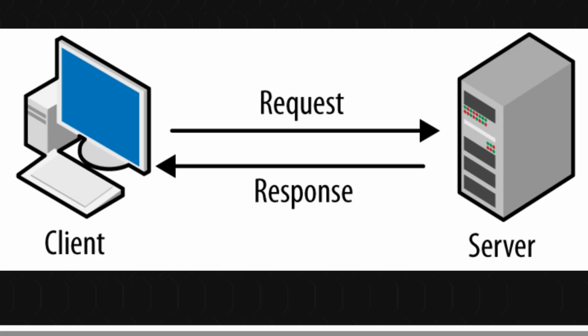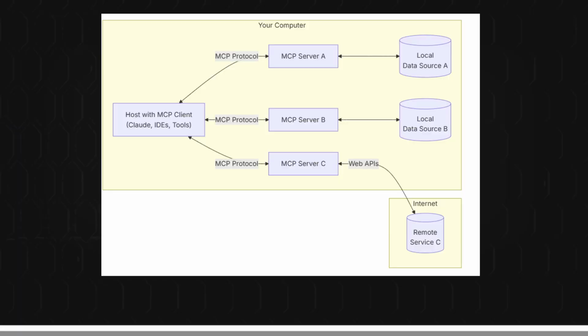Let's delve into the technical architecture of MCP. It's based on a client server model. This is a common architecture in computing where one component, the client, requests services from another component, the server. In the context of MCP, we have three main roles. MCP host.